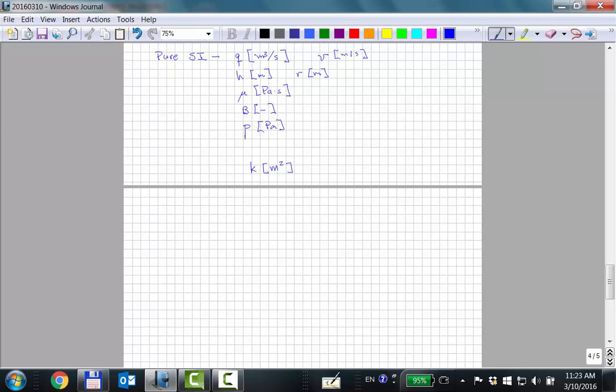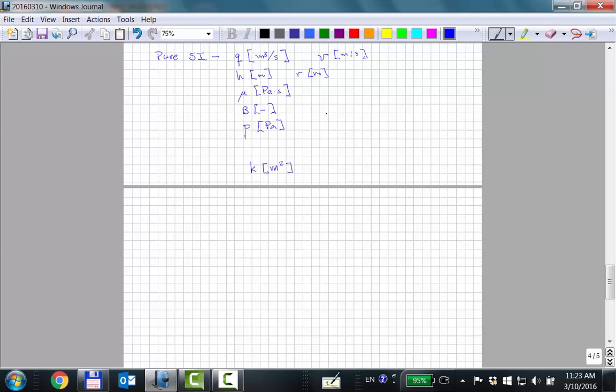Even if you use all of the Pascal and meters, the fact that we use days for our time unit is going to throw in a constant, however many seconds in a day. Anybody know that? 86,400, I think, something like that. It's some big number. So you're going to get this constant in there, regardless.